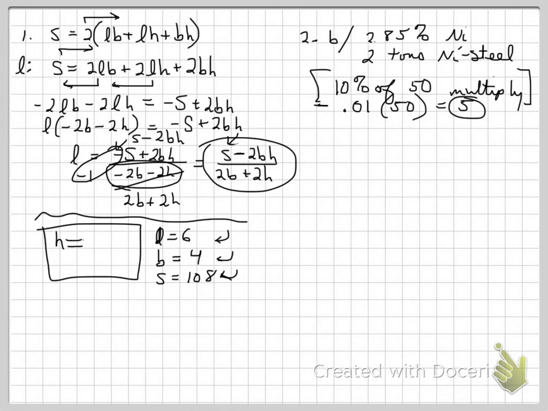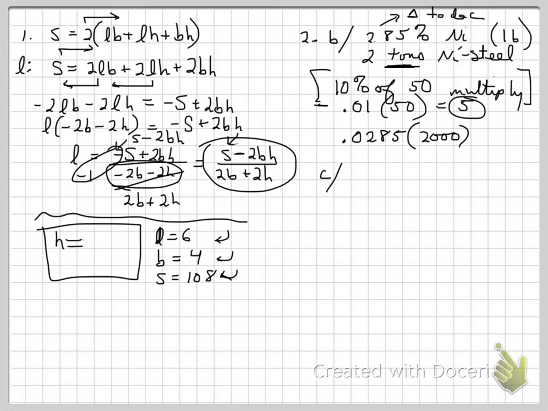So up here, all I would want to do is change my percent to a decimal and multiply 0.0285 times 2 tons, but I want my answer in pounds. So 2 tons is how many pounds? That'd be 2,000 pounds. So make sure you do that conversion, and when you do that, you get your answer.